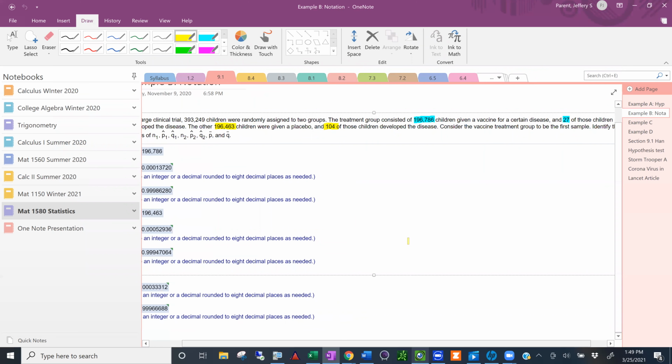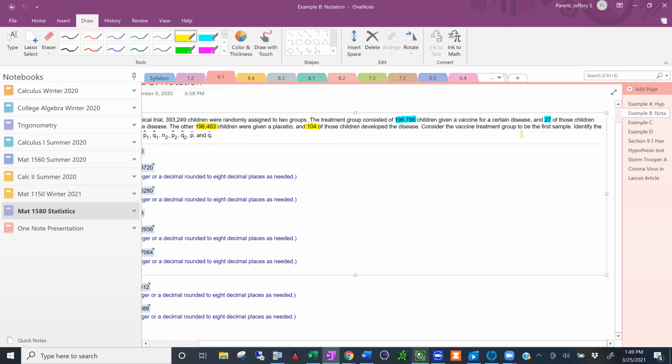Now there are 2 numbers in blue, the large one and the small one. Which one do you think is going to be my x1 and which one do you think is going to be my n1? The large one's going to be which one, x1 or n1? N1. N1, good.